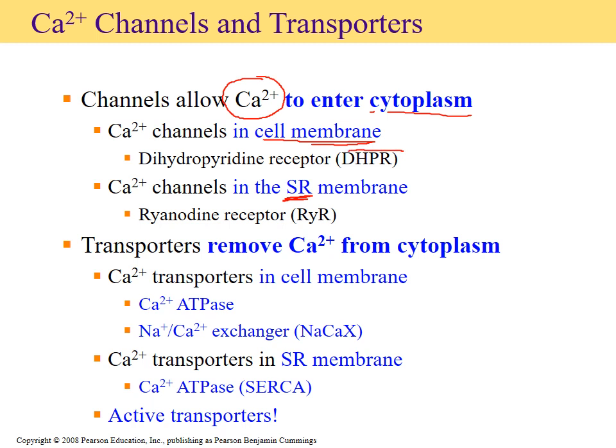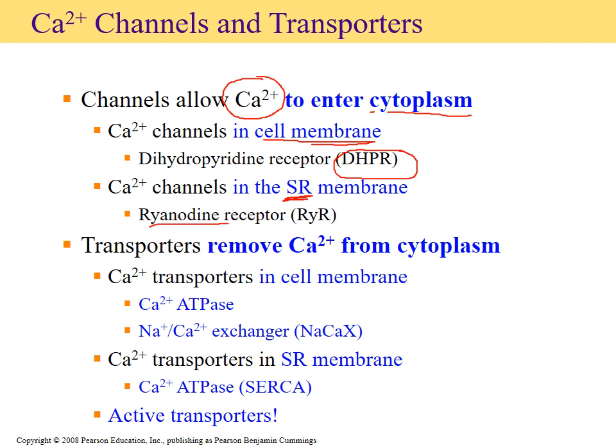That's going to be the channel that's going to regulate movement of calcium through the cell membrane. For our SR membrane, we're going to look at the ryanodine receptor. This is going to be the channel that we're going to rely on for calcium to enter into the cytoplasmic content. So we're all doing this in an effort to increase calcium so we can get our muscles to contract.